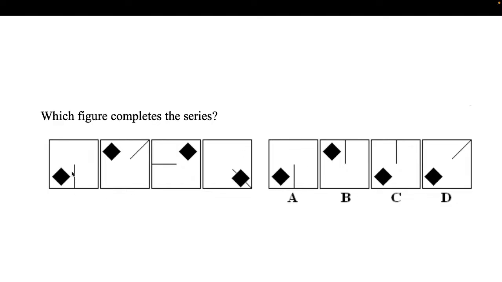And then what we're seeing also is this line that is moving from the middle to the right top corner, and then from there again to the middle on the left, and then it's moving here again. So the common pattern here is that it's moving by half of the square and a quarter.